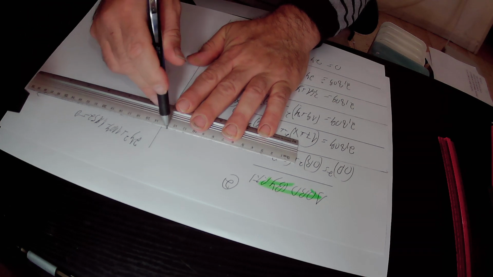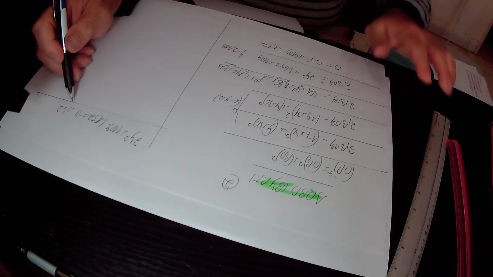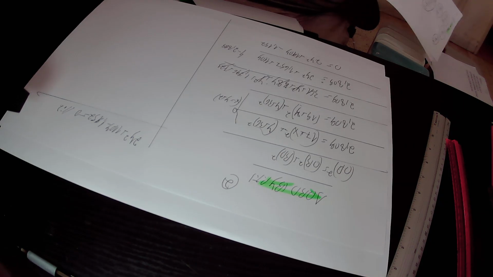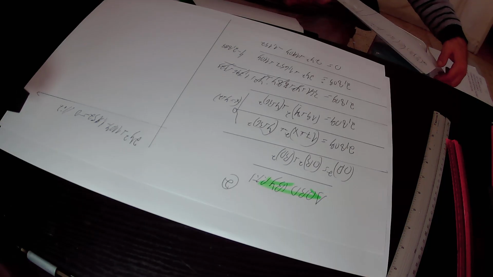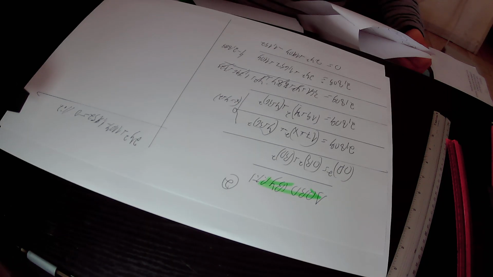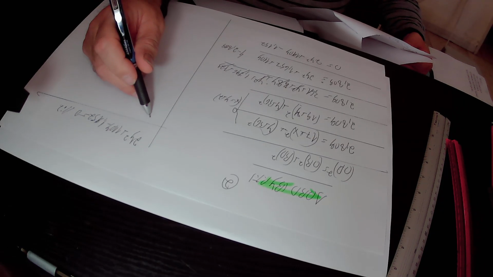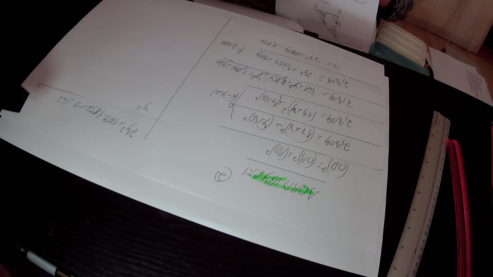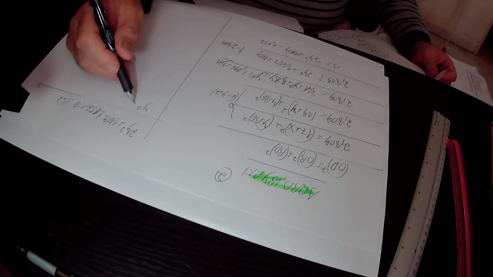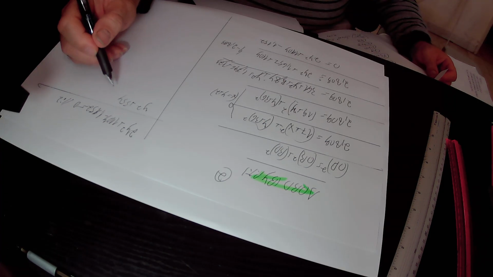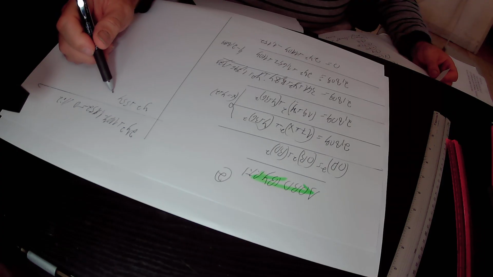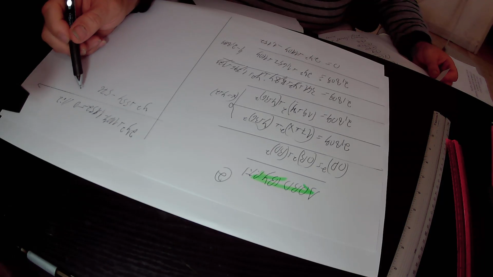So here we divide this equation by 2, and we get that 2y squared over 2 is y squared, 110y over 2 is 55y, and minus 1152 over 2 is minus 576, equals 0 over 2, which is 0.